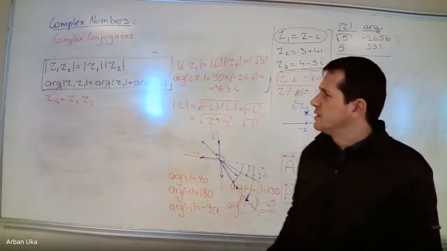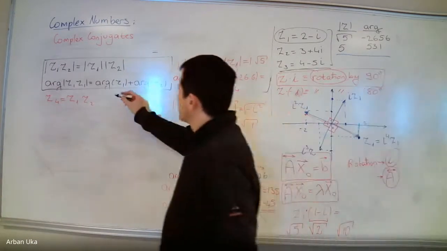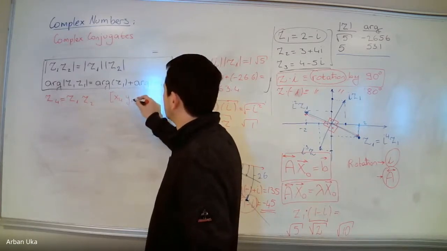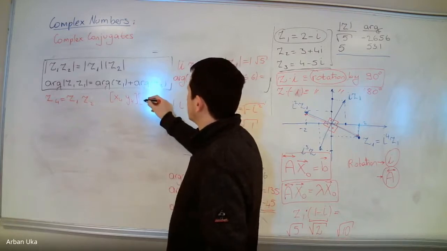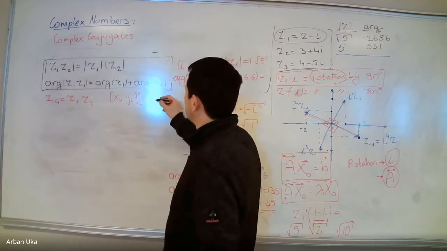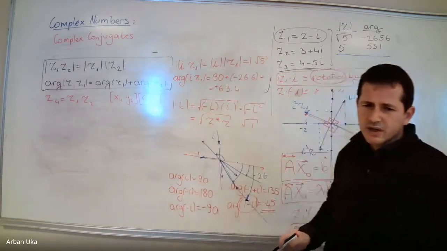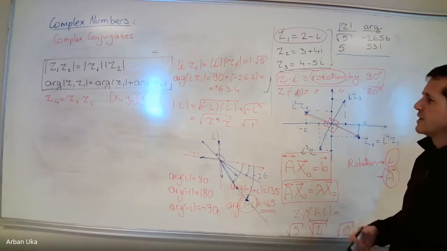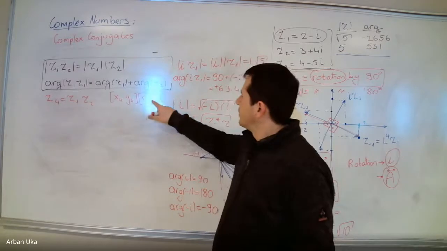Well, we need an angle. To find Z4, we need to know X4 and Y4, right? But at the same time, we also need a magnitude or a radius and an angle theta. Either this or this. They both are explicit of each other. So we can either find X4 and Y4 or the angle.